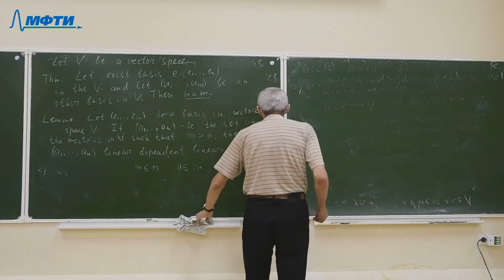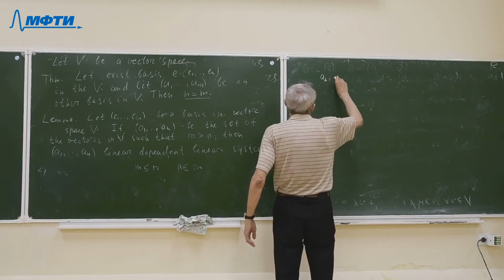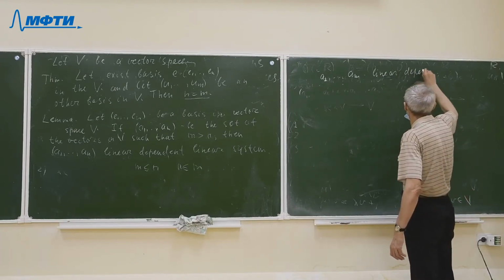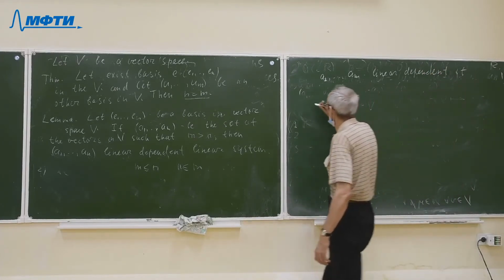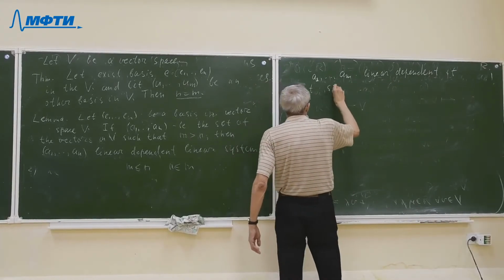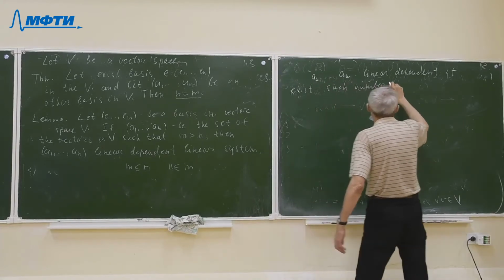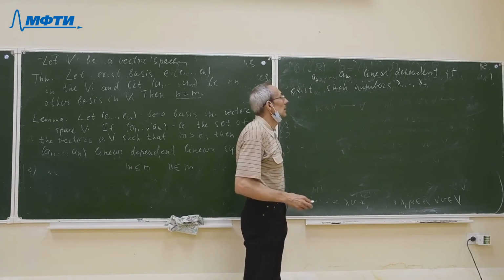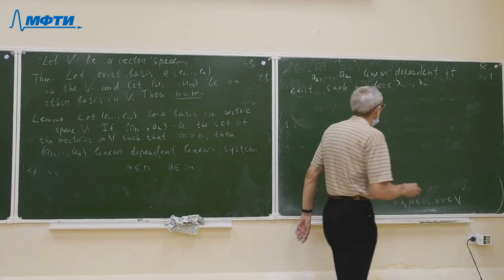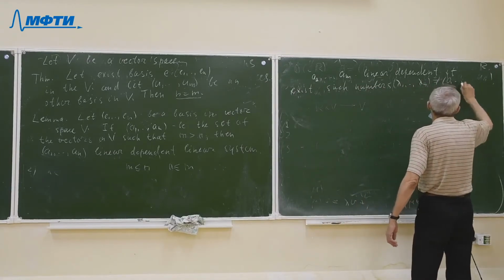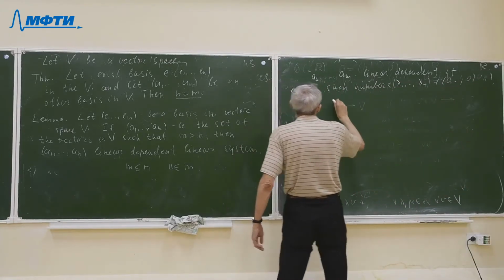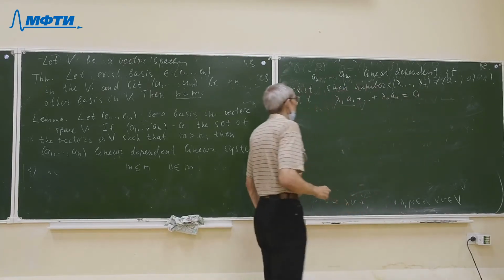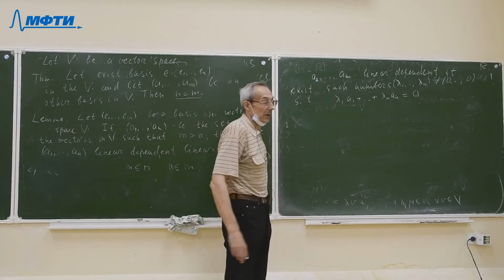What does linear dependence mean? The vectors a1, ..., am are linearly dependent if there exist numbers lambda 1, ..., lambda m, not all equal to 0, such that the linear combination of these vectors with coefficients lambda 1, ..., lambda m is equal to 0.